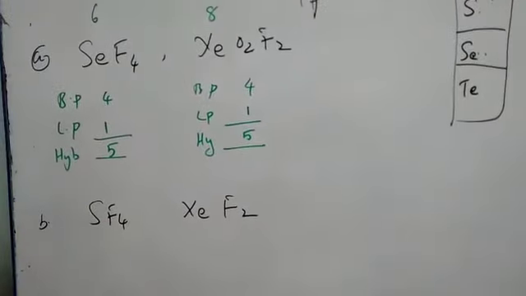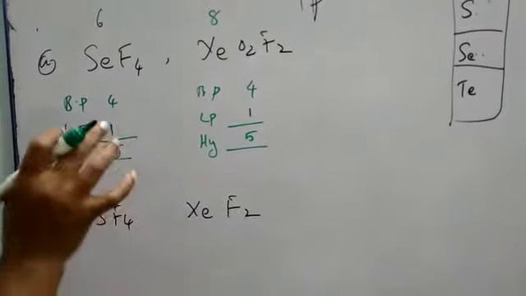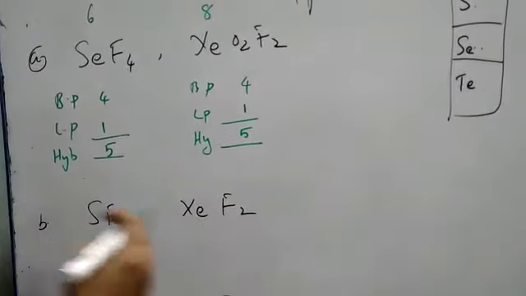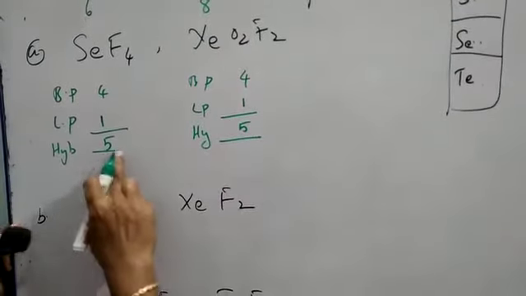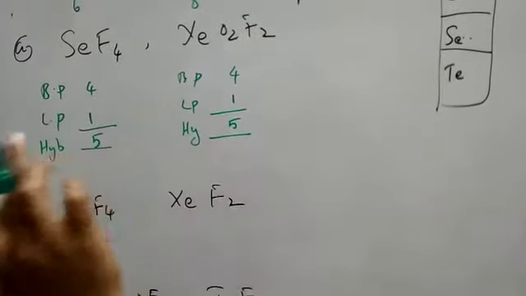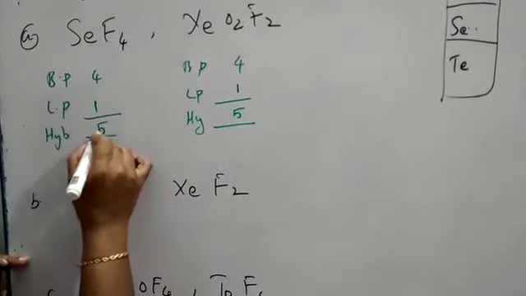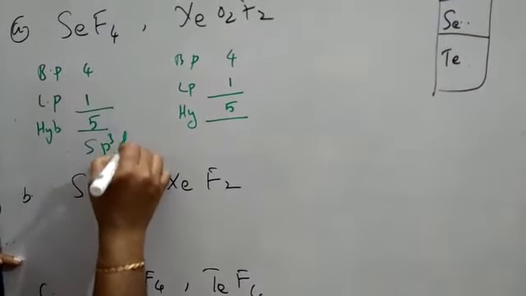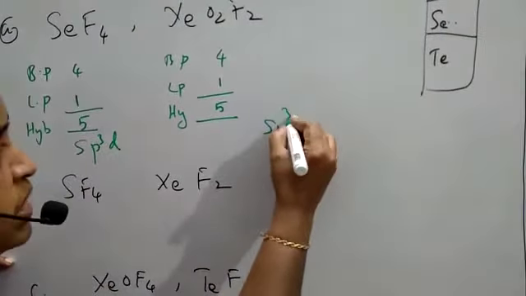Starting itself, this pair has the same number of lone pairs. So I am going to work out the remaining points also. Hybridization is also the same, lone pair is the same. What I have to verify is only the shape. Here it is 5, so it should be sp3d. This is also 5, sp3d.